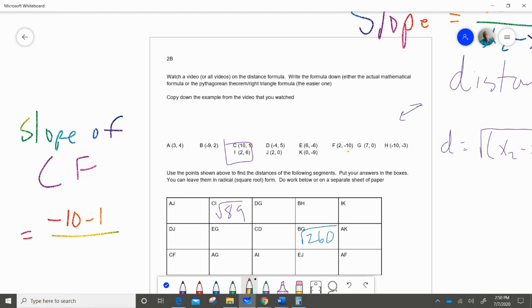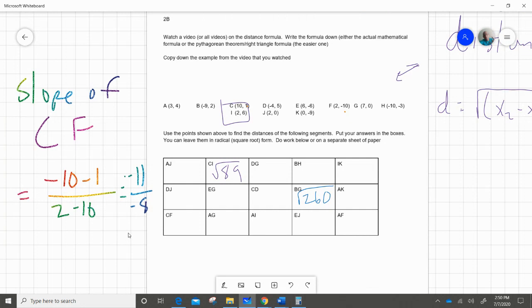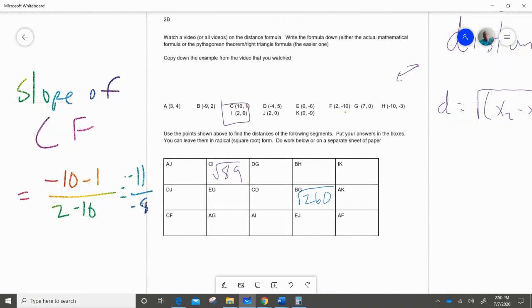On the bottom, we have 2 minus 10. So on top, we have negative 11. On the bottom, 2 minus 10 is negative 8. So our slope is negative 11 over negative 8. Y'all with me so far?